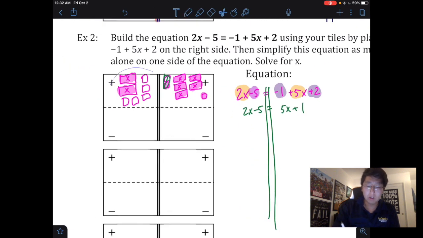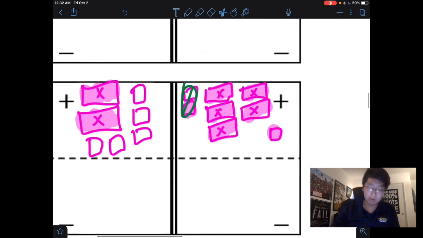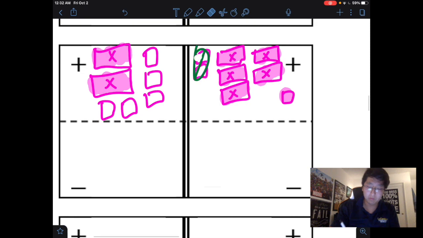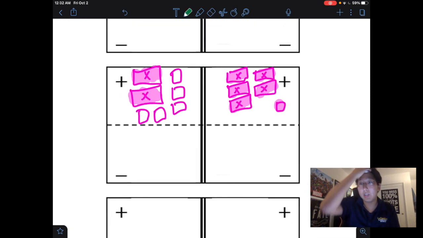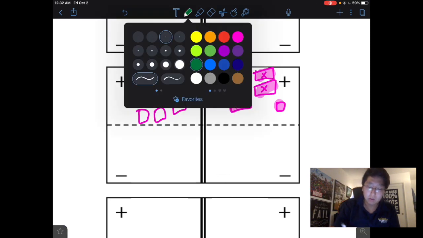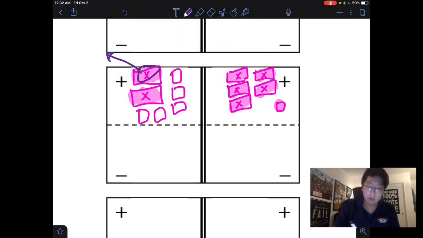Now I'm going to go ahead and duplicate this. Delete my 0. Now what can I do? I could take out equal values. So I'm going to go ahead and take this out, take this out, take this out, take this out.